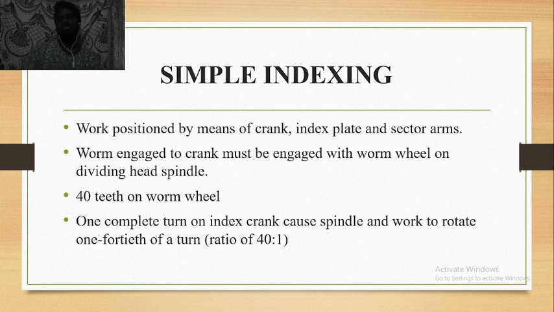This means that if the crank is rotated one full revolution, the workpiece moves just one segment. As I mentioned before, the workpiece is divided equally into 40 segments, and that ratio is denoted as 40:1, which is mentioned here.